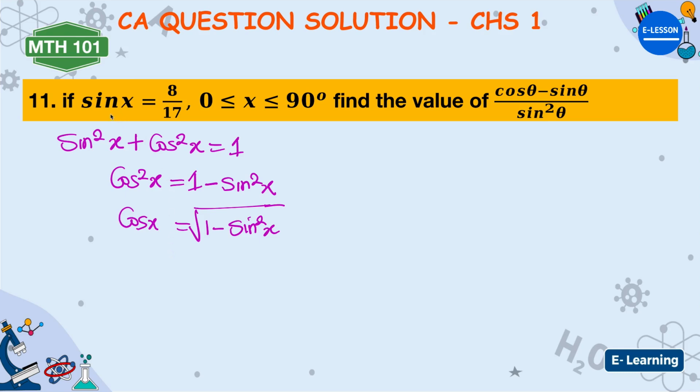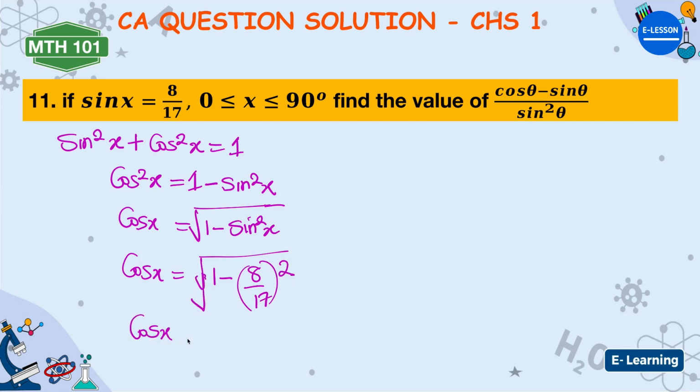Now, they've already given you sine x as 8 over 17. So wherever we see sine x, we put 8 over 17. This will be the square root of 1 minus 8 over 17, but sine x is squared here, so this is going to be squared too.